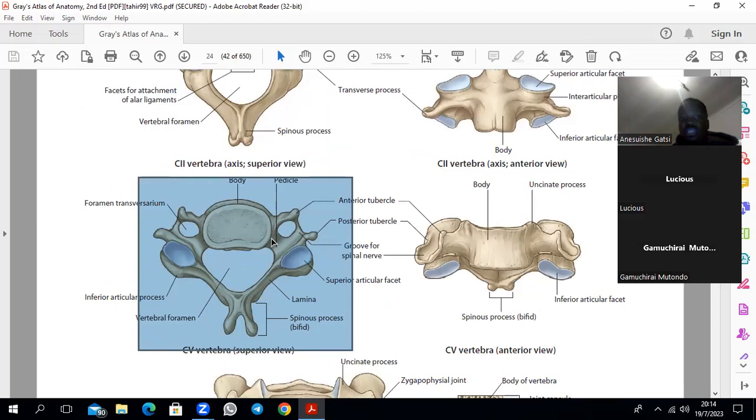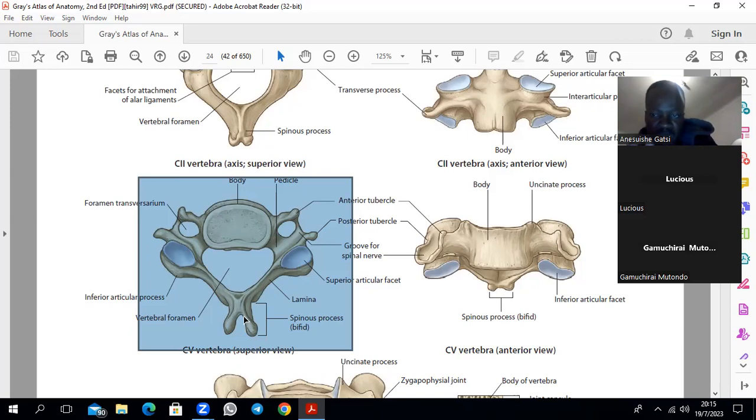And look at it closely. This is the body, right? I showed you the pedicles. These are the pedicles. These are the lamina. Remember I said where two lamina meet, you create a spinous process.